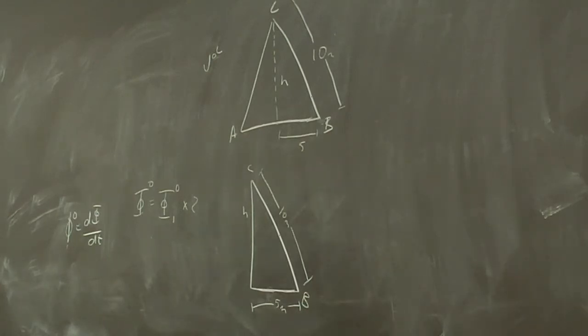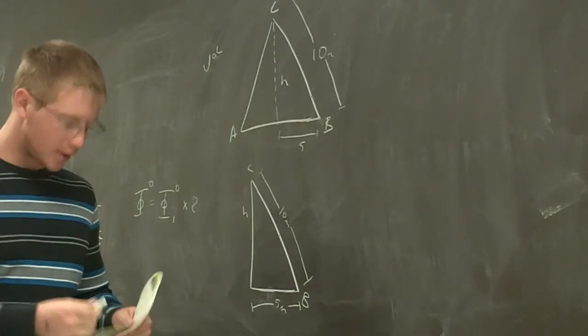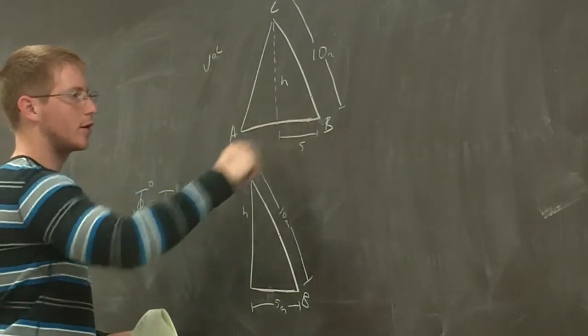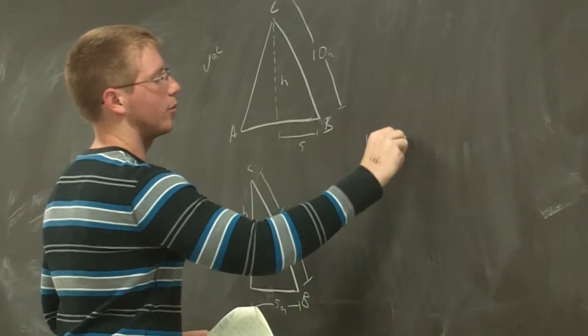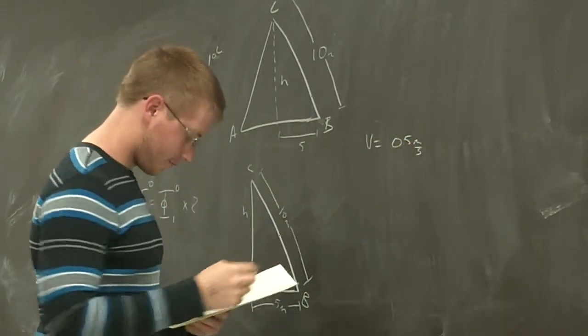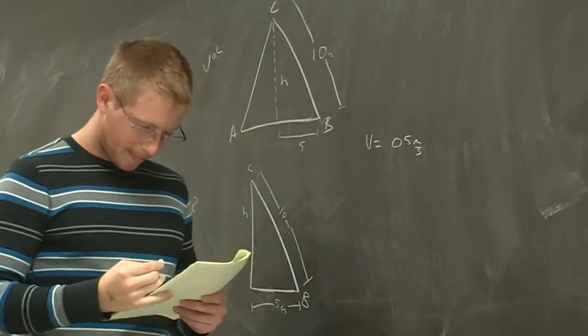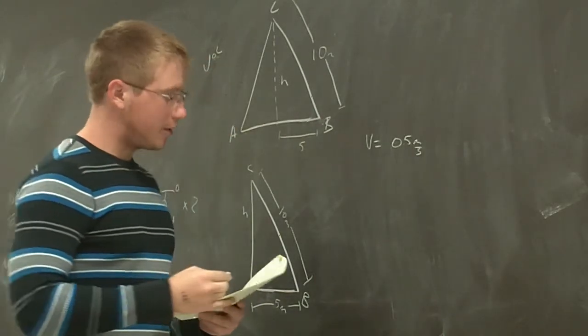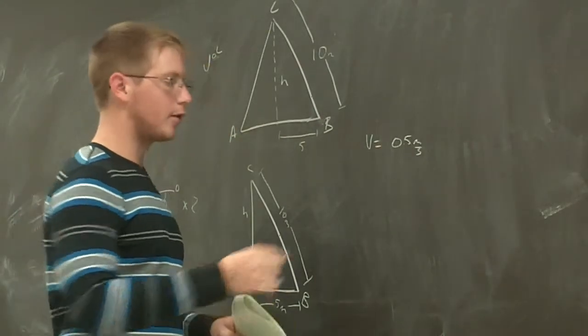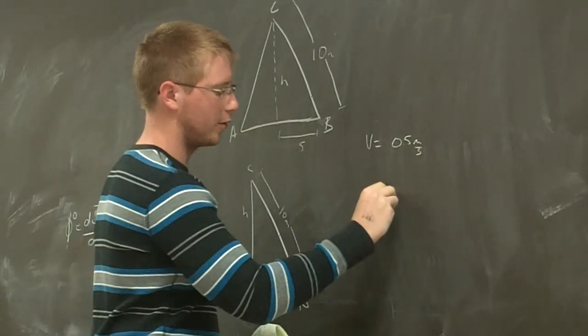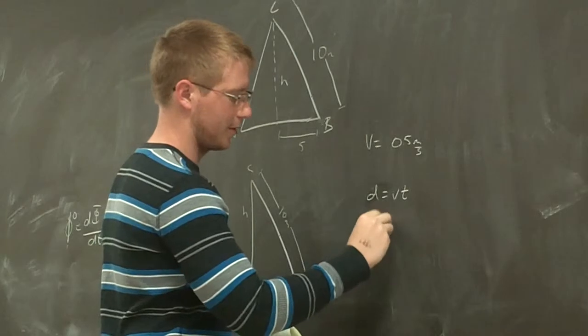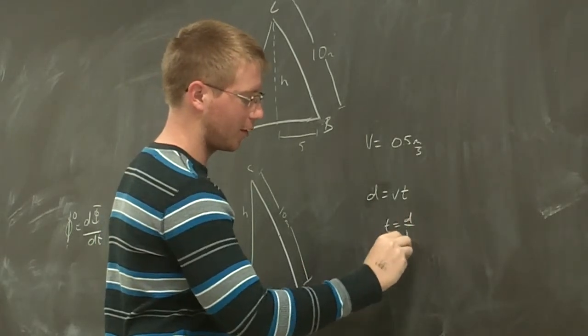So we need to find how long we're going to go right here. So we're traveling at a velocity of 0.5 meters per second, very slow. And so distance equals velocity times time. Time is equal to distance divided by velocity.